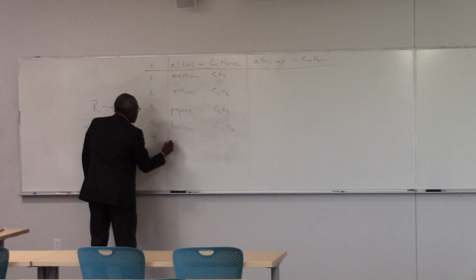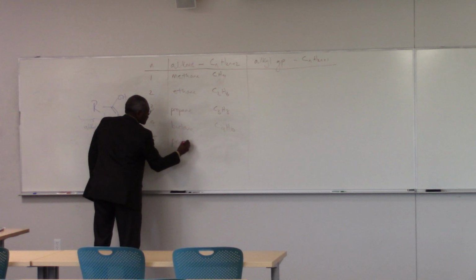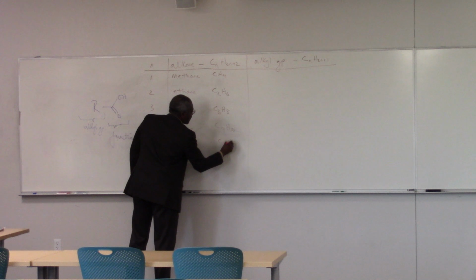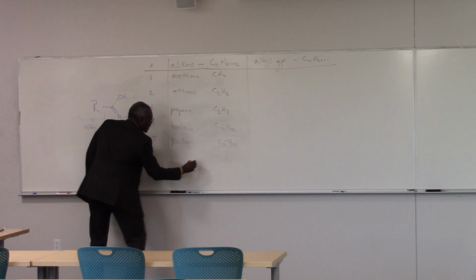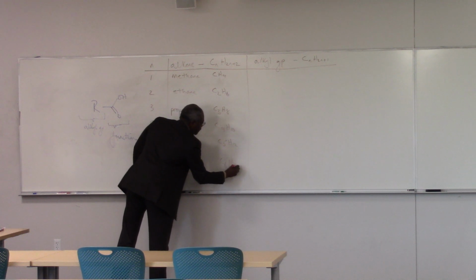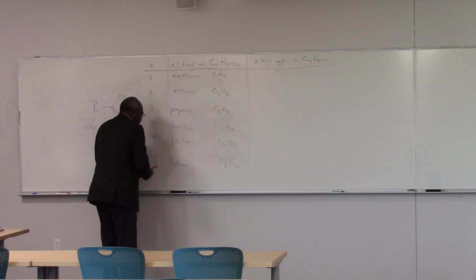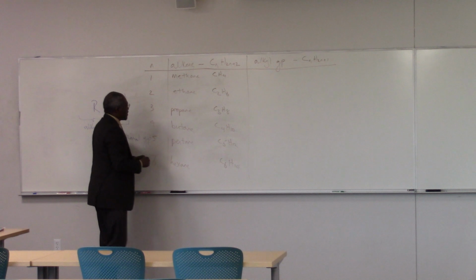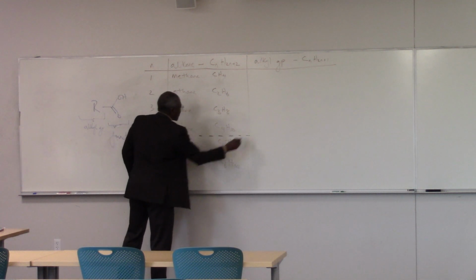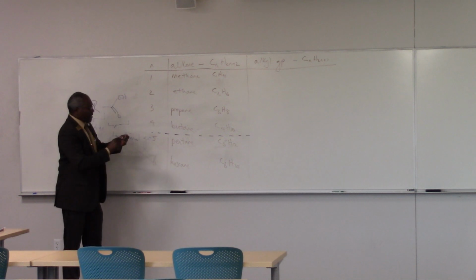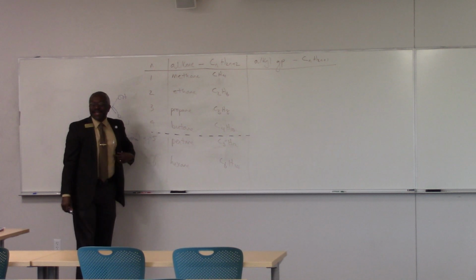C4H10. Pentane, C5H12. Hexane, C6H14. And what you'll notice is a couple of things. Up until we get to C5, the names really are not particularly systematic.